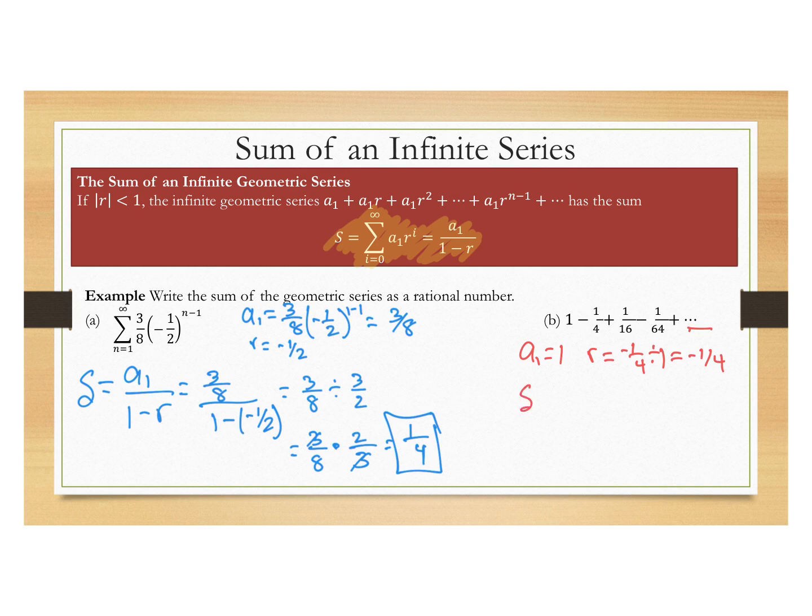So we can use our formula S equals a1 divided by 1 minus the common ratio. Okay, 1 divided by 1 minus the negative 1/4 ends up being 1 1/4 or 5/4. And then when we divide fractions, we multiply by the reciprocal of the divisor. In this case, our sum is 4/5.